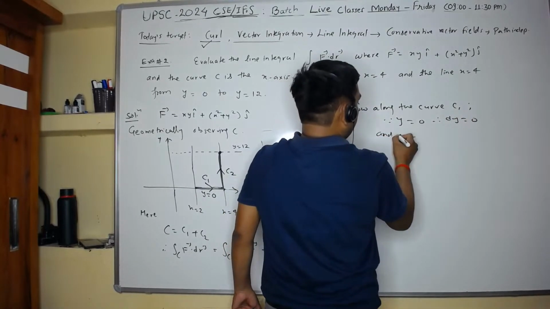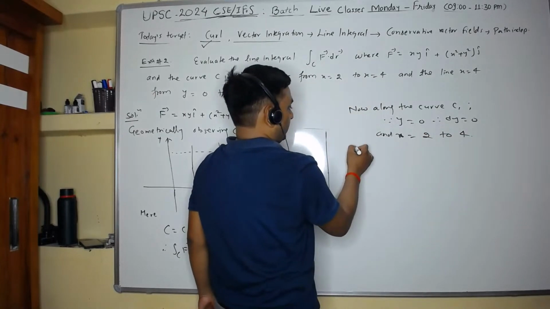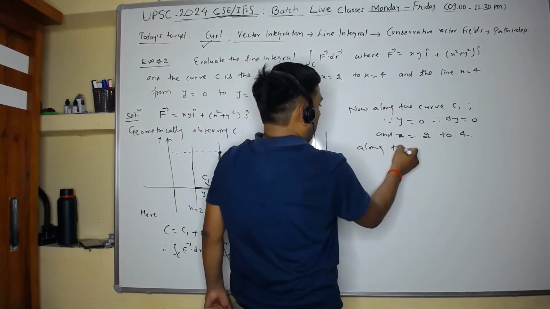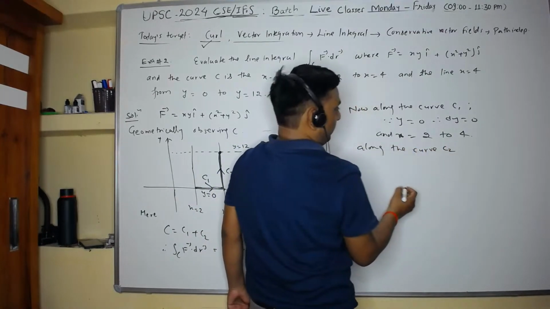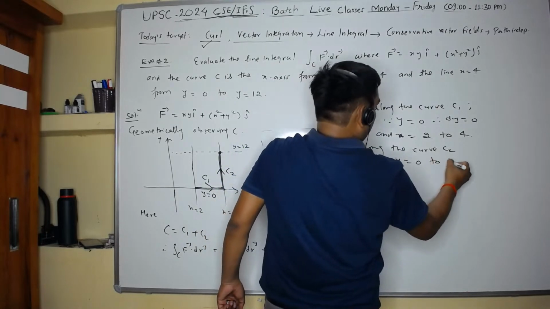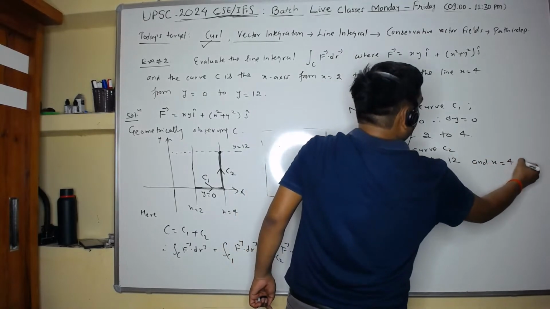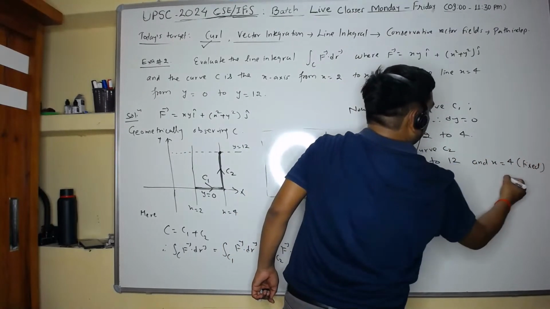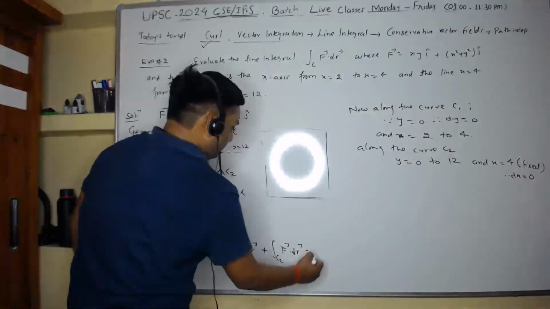And x is moving from 2 to 4. And along the curve C2, what's happening dear? On C2, y is moving from 0 to 12 and x is fixed, right? So dx is 0. Now put the values in this.